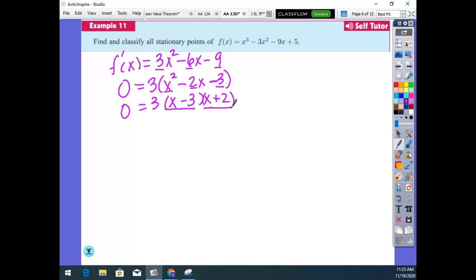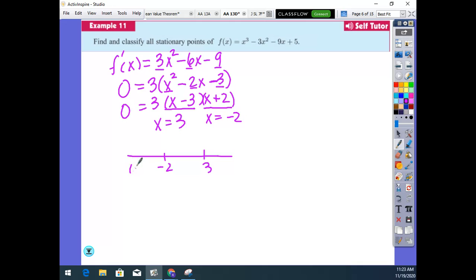So we have 2 factors. We have to find where each one makes it 0. Positive 3 makes this factor 0. Negative 2 makes this one equal 0. So these are what I'm going to put on my sign chart: negative 2 and 3. And these are both 0 slope where it equals 0.